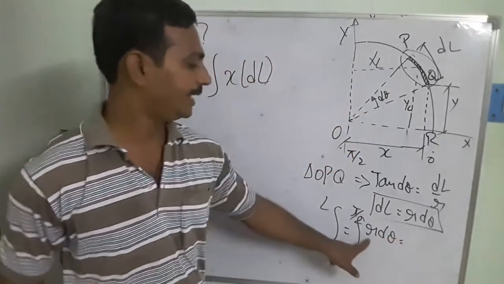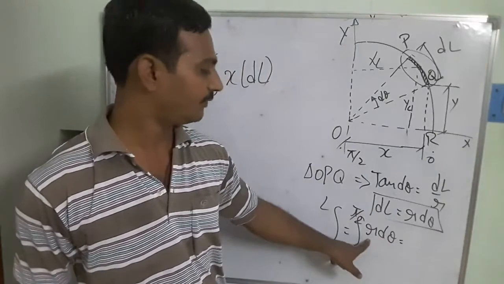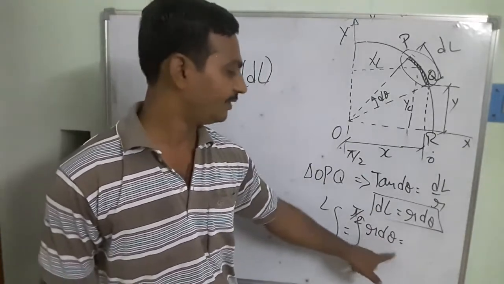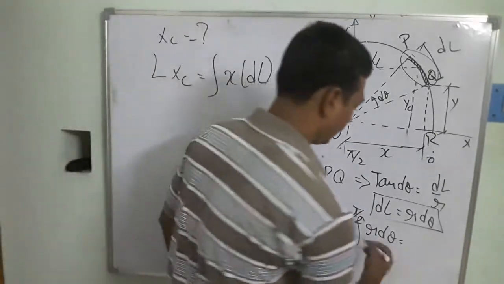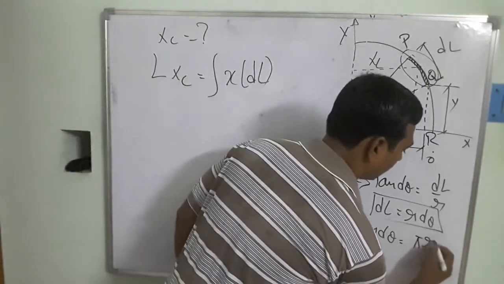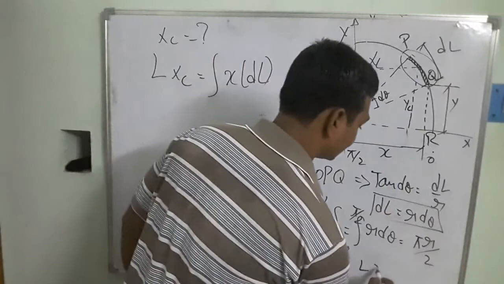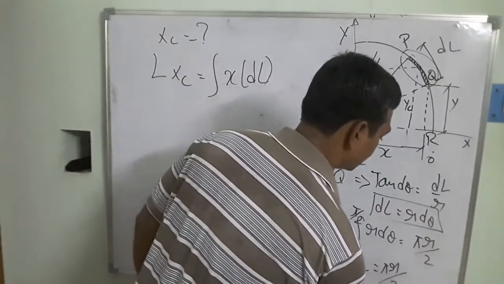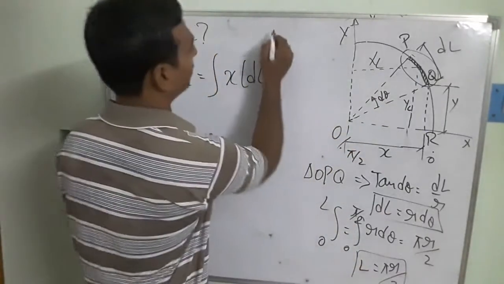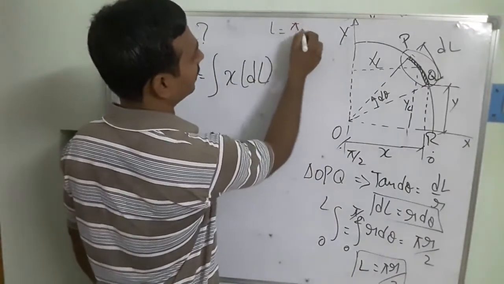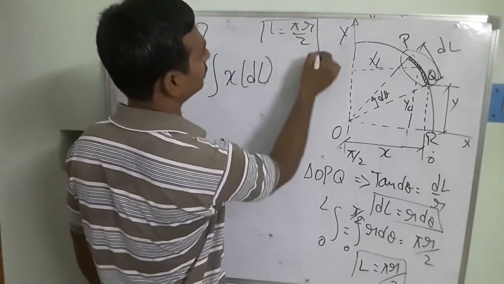Here r is constant, and the integral of d theta gives theta, so I got pi r by 2. So the total length L is equal to pi r by 2.